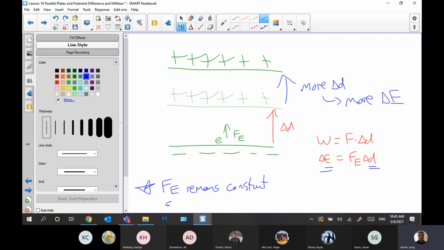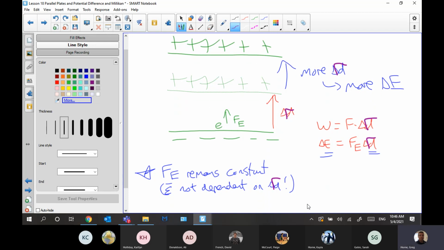So the curly E is not dependent on delta D, the space between them. I've been saying delta D here, but these all could be R's. We often use R, right?